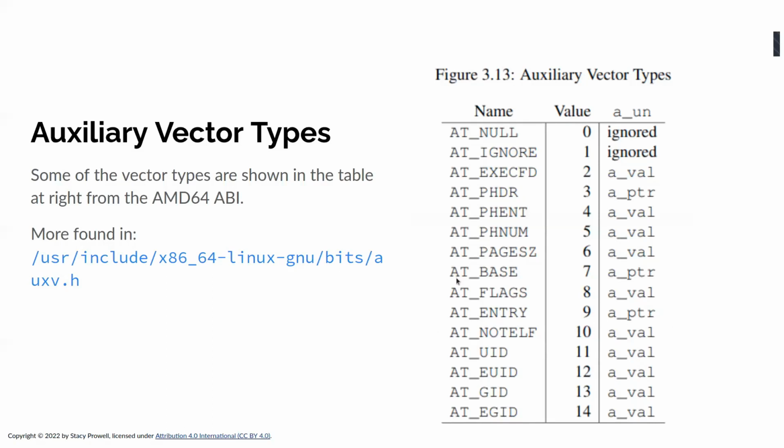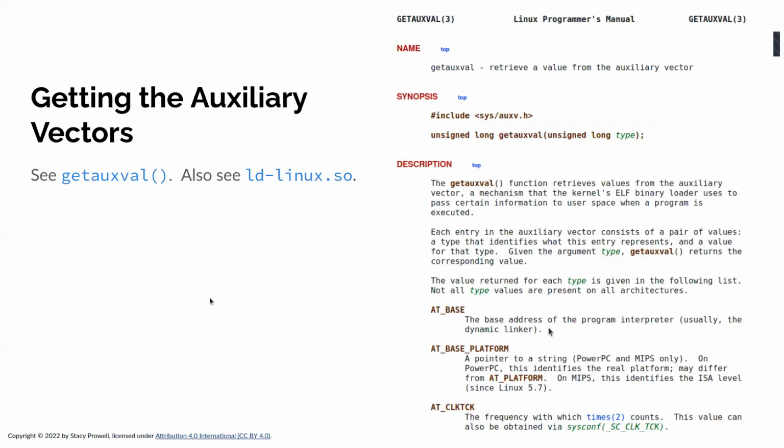There are more than this. These are the ones that are defined in the calling convention. There's more defined if you look in auxv.h. If you want to get one of these, let's say you just for fun want to go grab one, you can walk the stack. That's fine.